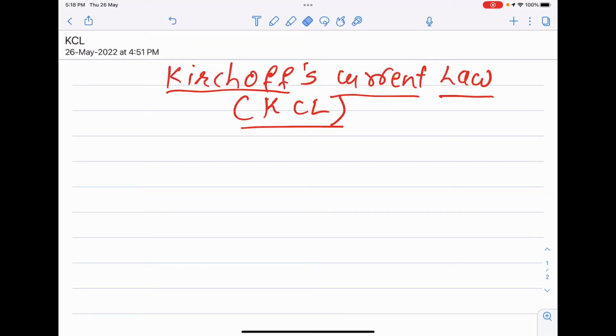So let us see what is Kirchhoff's current law. Kirchhoff's current law, in short form, we call it KCL.